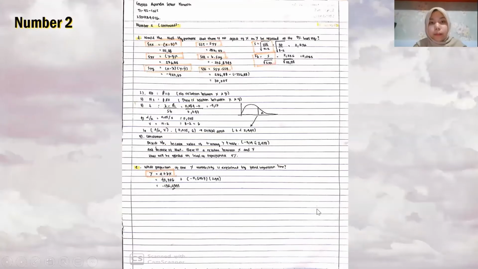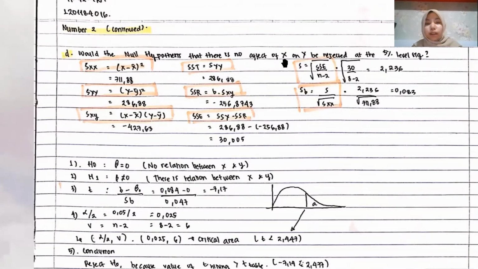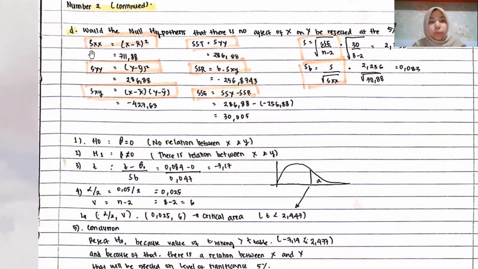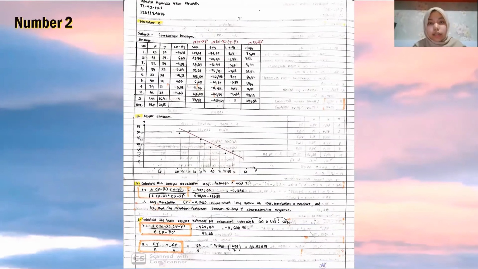Next, they ask whether the null hypothesis that there is no effect of x on y would be rejected at the 5% level of significance. Here we need to calculate Sxx, Syy, Sxy, SST, SSR, SSE, like we have done before on this slide.